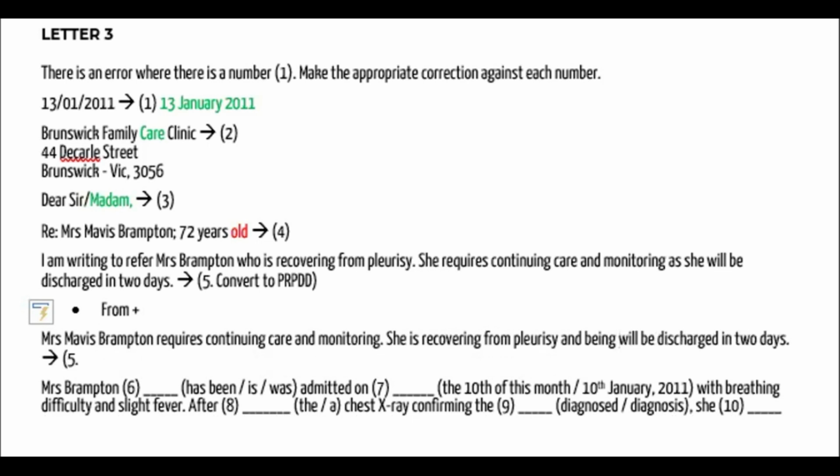Writing "is being discharged in 2 days" is okay, but there should be "is" also. Being is used for a future reference. If you have written it this way or with being, that is also completely fine.